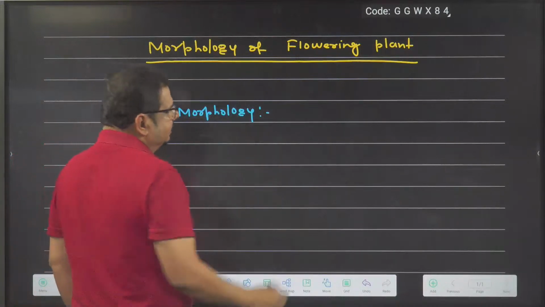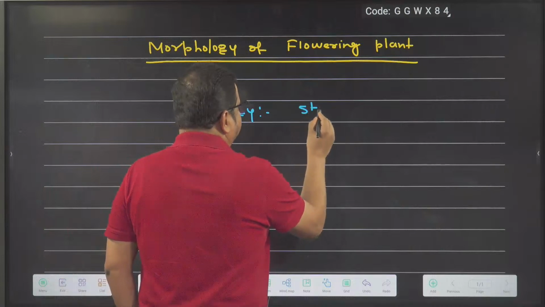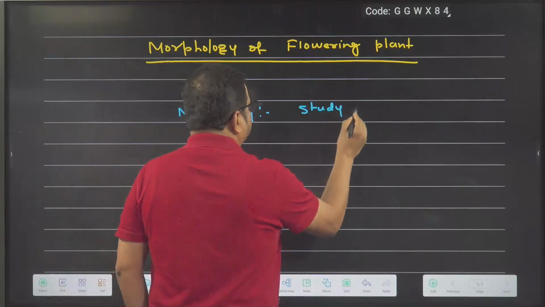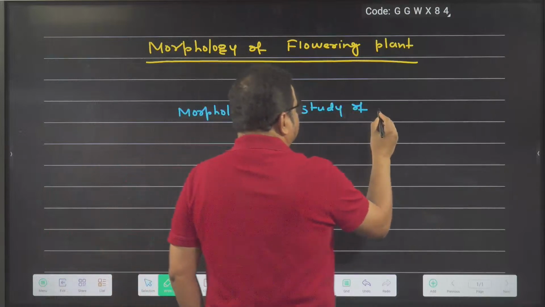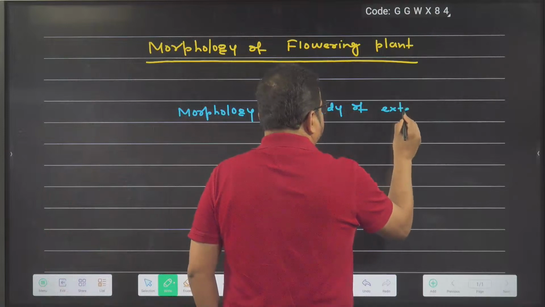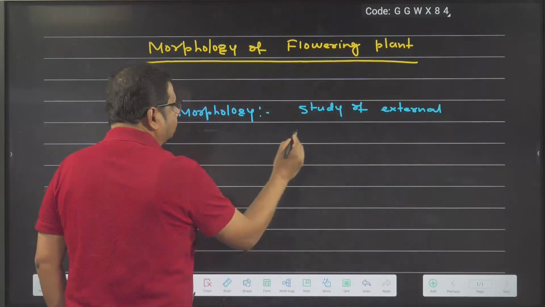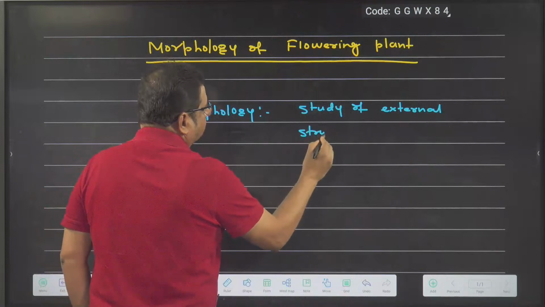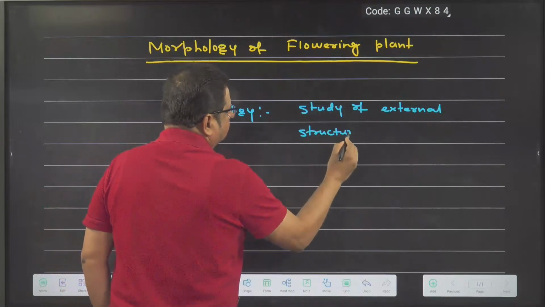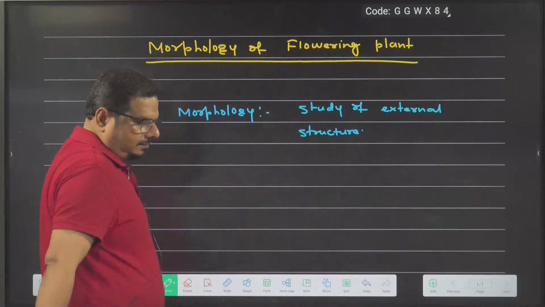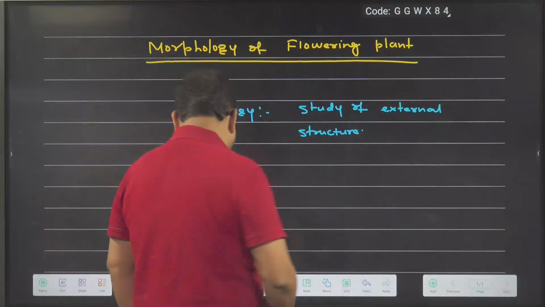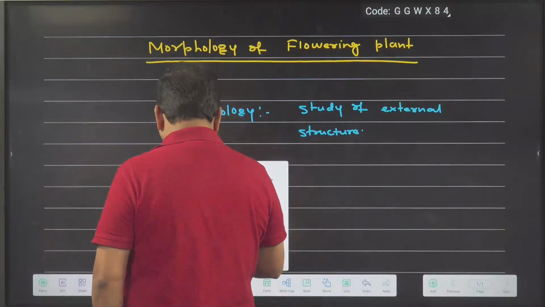So morphology is the study of external structure. Study of external structure is called morphology.